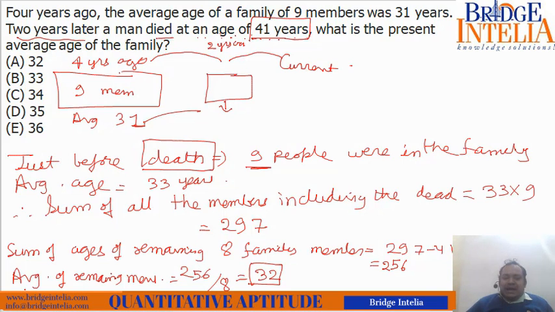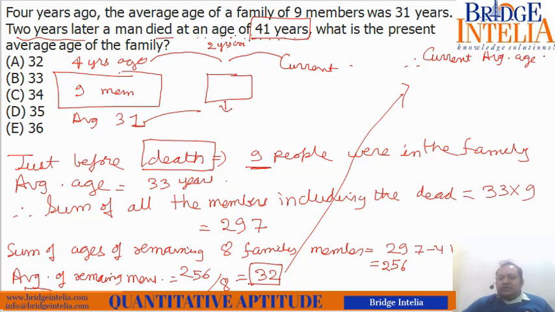So if you find the current average of these remaining 8 people, the current average age of these remaining 8 people today is equal to 32 plus 2. That is equal to 34 years.